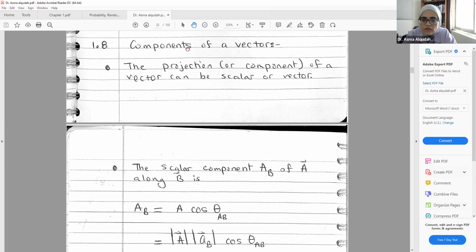So, components of a vector. Let's go to the whiteboard, and let's have two vectors.